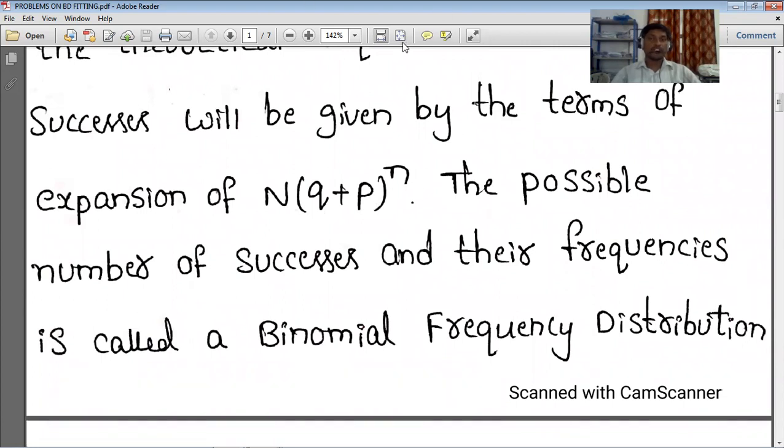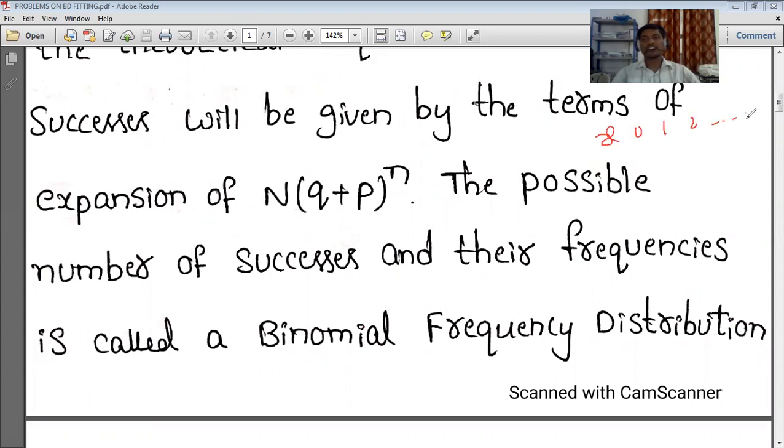The possible number of successes and their frequencies is called a binomial frequency distribution. The possible number of successes is x equal to 0, 1, 2, and so on up to n successes. And next we get the frequencies.